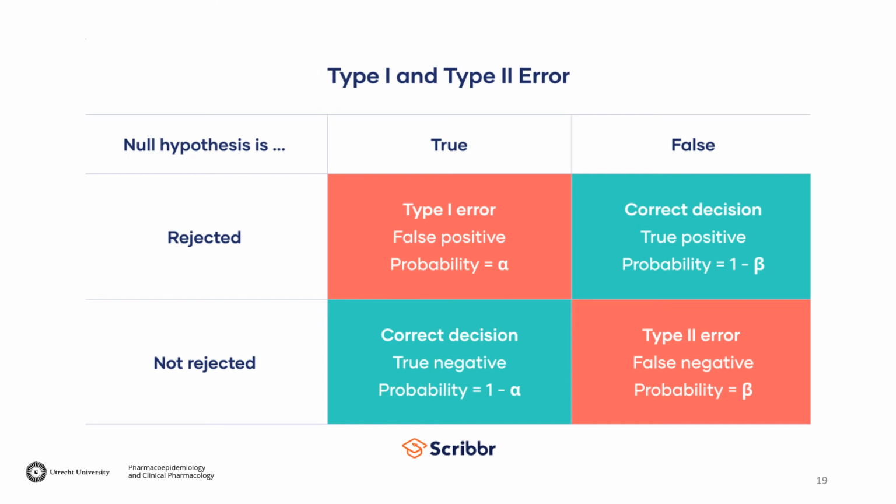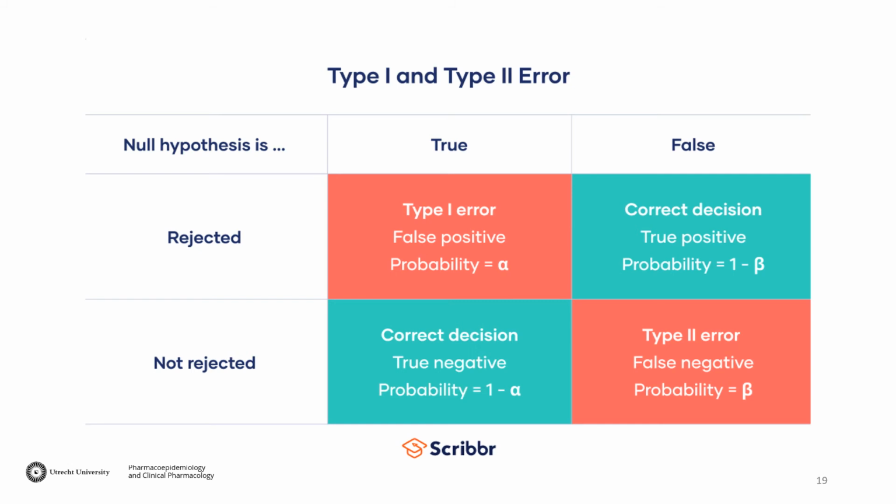We also have the type 2 errors. So these are the false negatives. They occur when we fail to reject the null hypothesis when it is really false. So basically we'll conclude that there's not a significant effect when there actually is a significant effect.